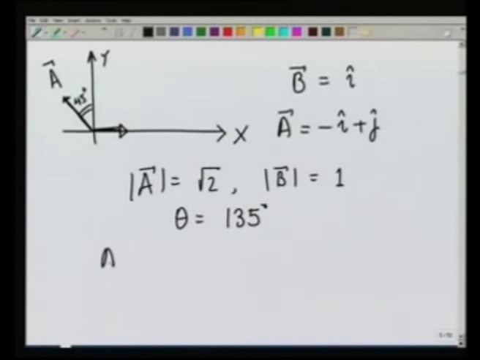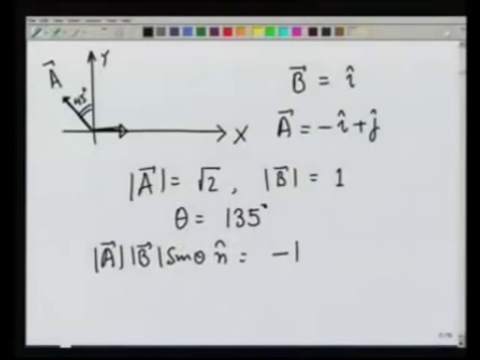So, therefore, A B sin theta n is going to be equal to sine of 135, which is 1 over root 2, times root 2, which is going to be equal to 1 times n. Turn A towards B through the smaller angle, and that gives you a direction opposite to the z axis. So, this is going to be minus k. Let us see if you get the same answer if I explicitly do the component wise vector product.